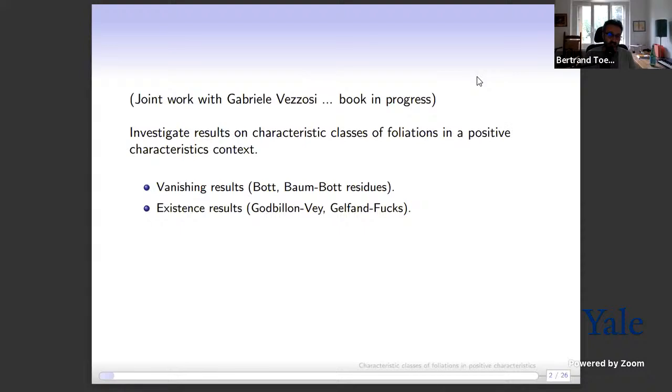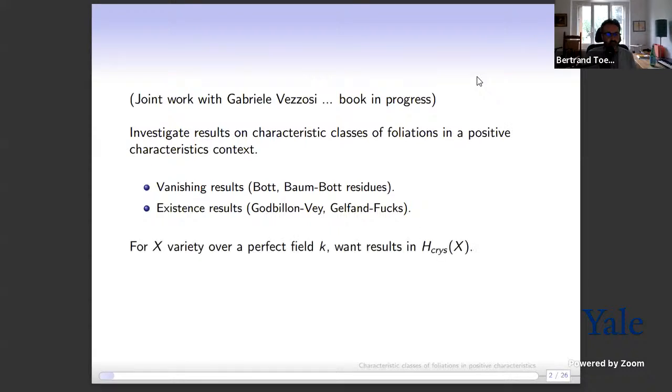And there are also existence results, like the construction of characteristic classes of foliations, like the Godbillon–Vey invariant, which is the most famous one, but there is also a whole bunch of characteristic classes based on the Gelfand–Fuchs computations. And I'll come back to these two results at the end of the talk.